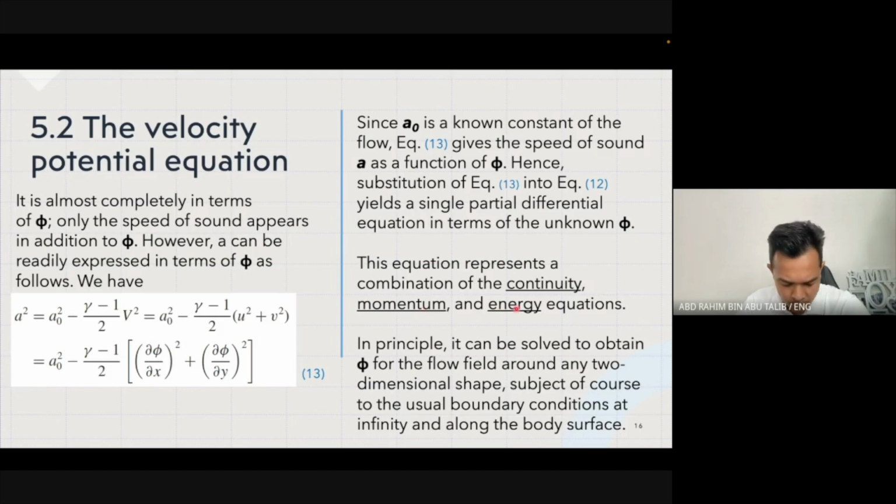In principle, it can now be solved to obtain the velocity potential phi for the flow field around any two-dimensional shape, subject, of course, to the usual boundary conditions at infinity and along the body surface.